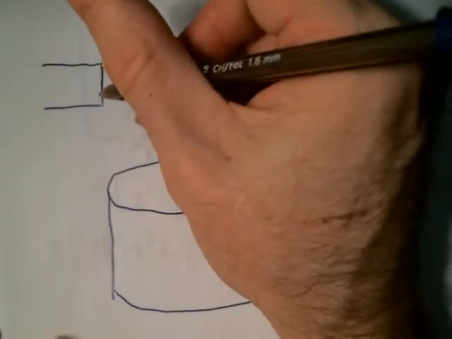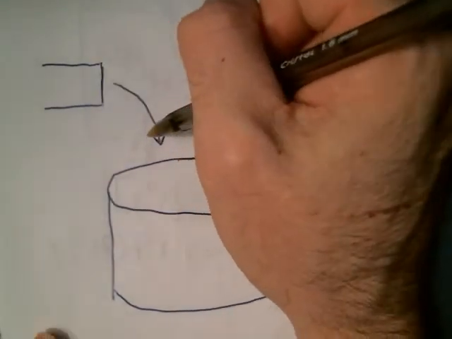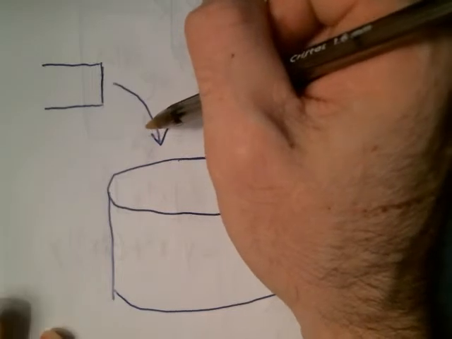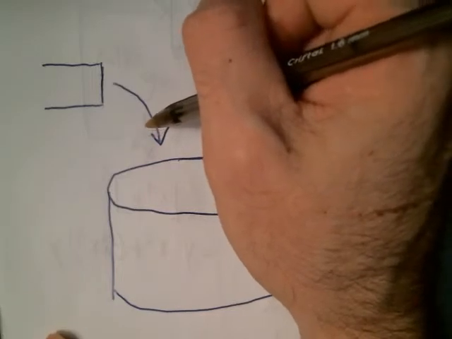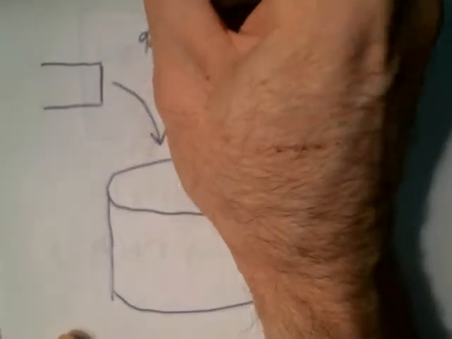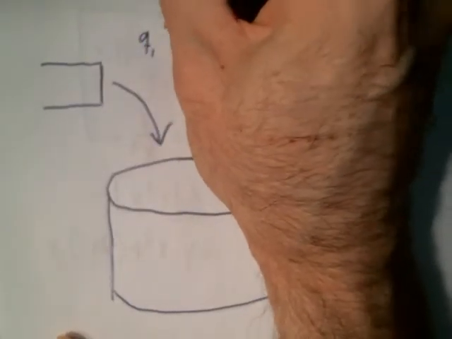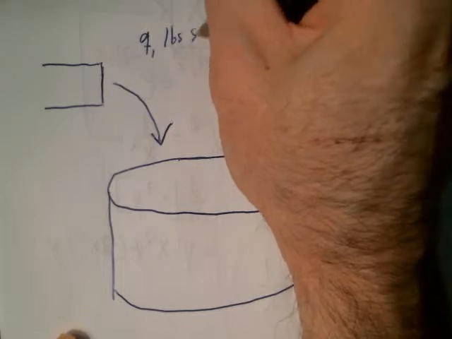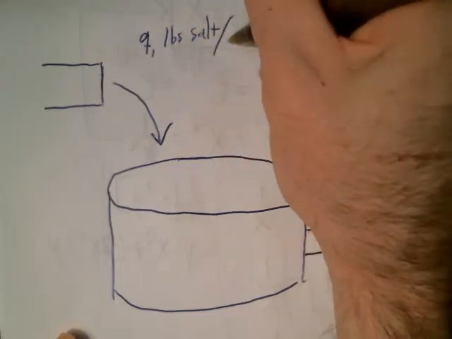Well, Q1 is the number of pounds of concentrate per gallon. So you could say it's basically like salt, if you wish. So Q1, we'll say, is the pounds of salt per gallon.